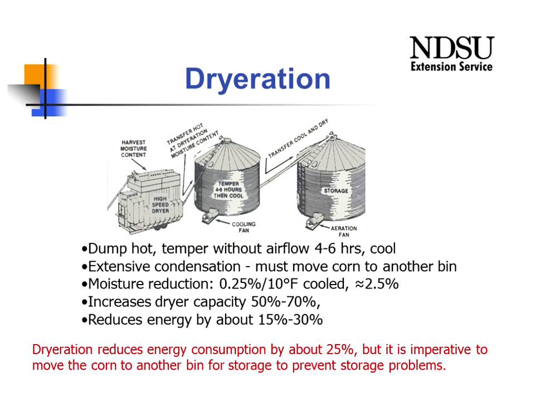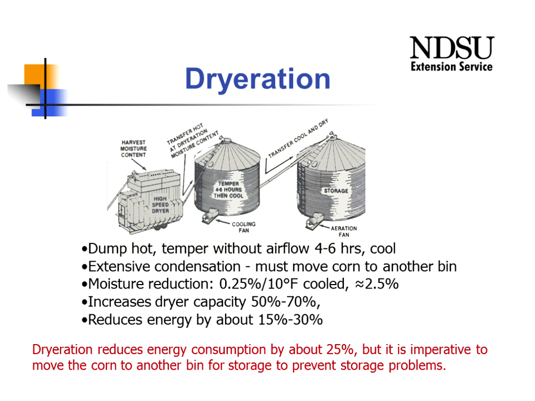As a rough rule of thumb, I say that we're looking at about 1/4 percentage point of moisture removal for every 10 degrees that we cool that corn. So typically we're looking at maybe 2.5 points of moisture removal during this dryeration process.